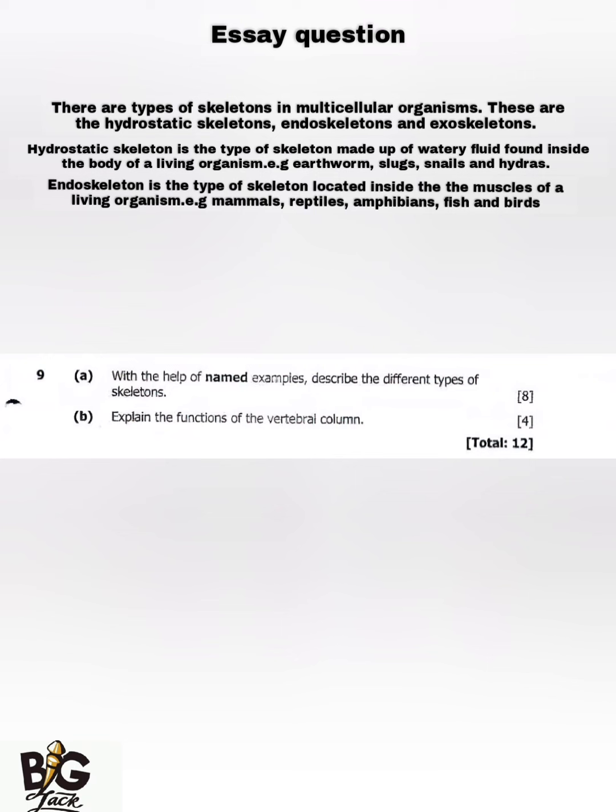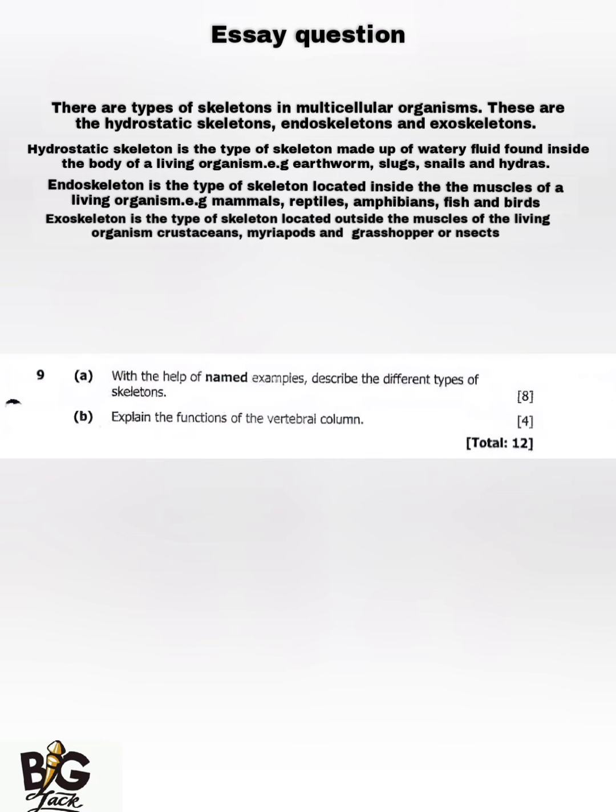Then the last one we have is the exoskeleton. This exoskeleton is the type of skeleton which is located outside the muscle of the living organism, which means muscles are located inside and then the skeleton is located outside.